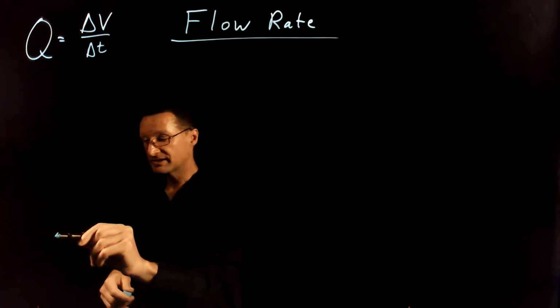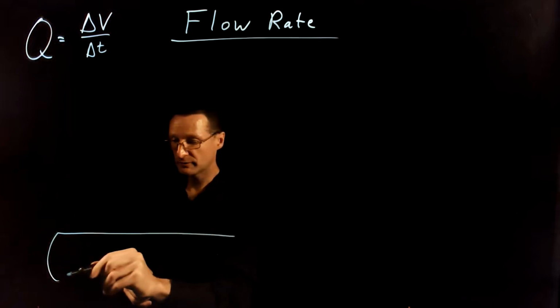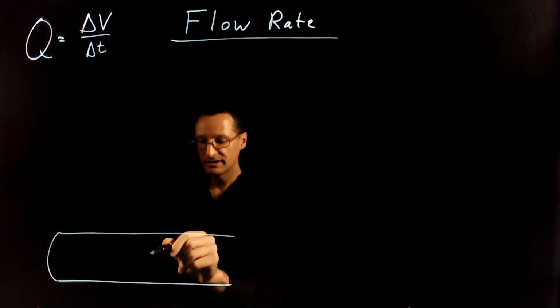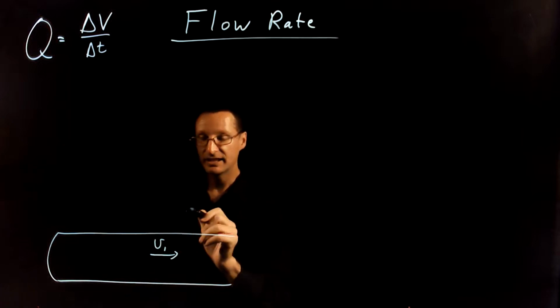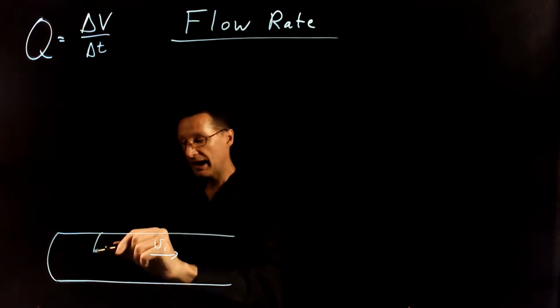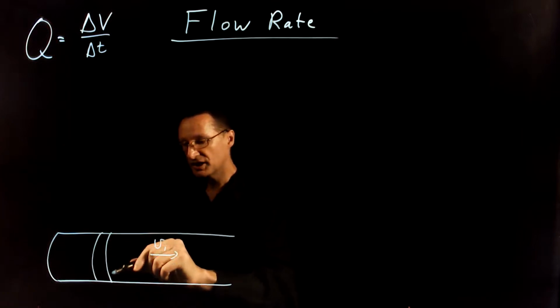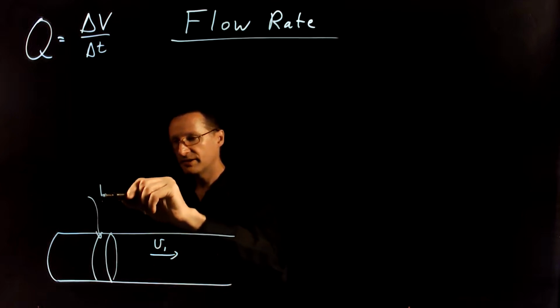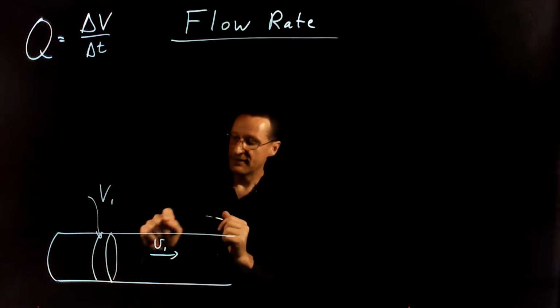So let's think about a scenario where we have fluid flowing through a pipe. Let's say the flow velocity of the individual particles is v1 this way. I want to think about what happens to a chunk of volume at this point here.